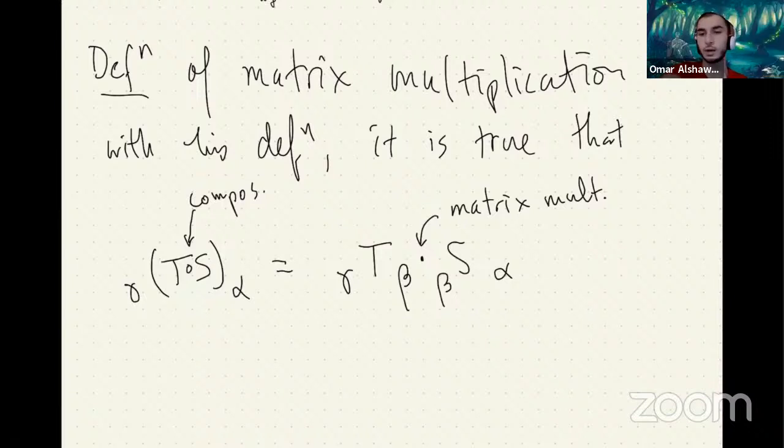So I can apply S to X and then T, or I can apply T to S and then all that to X, and we'll get the same results, right?